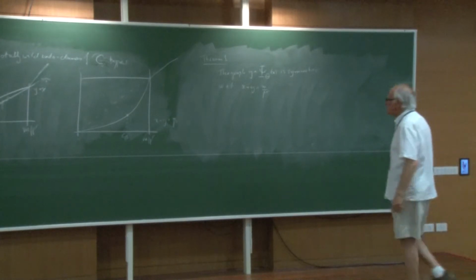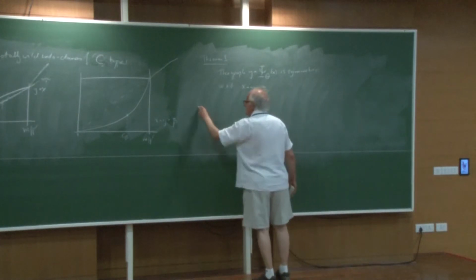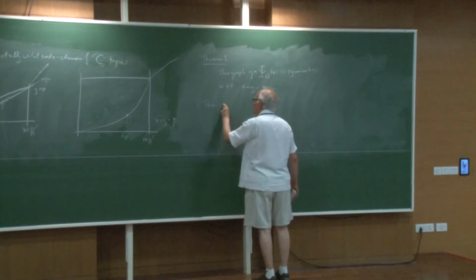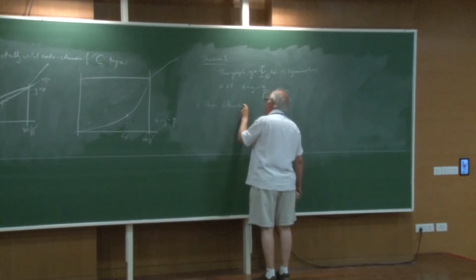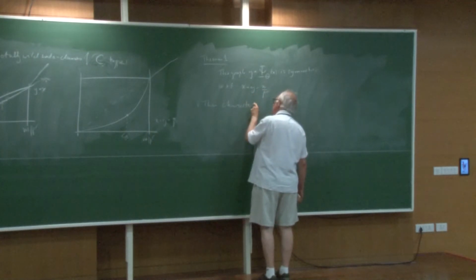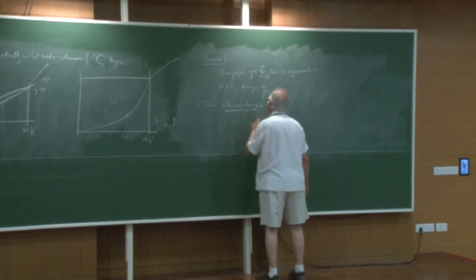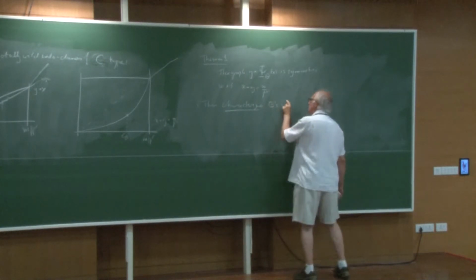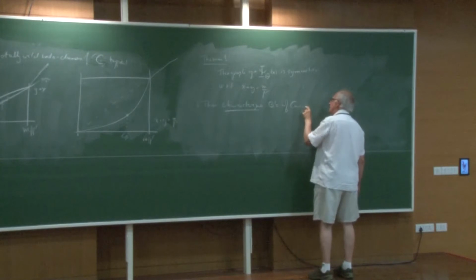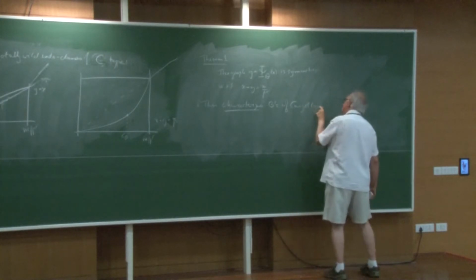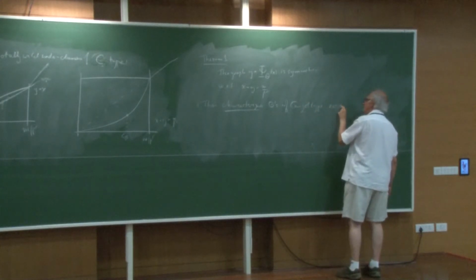This property, I just put in brackets, characterizes thetas of Carayol type. Essentially.